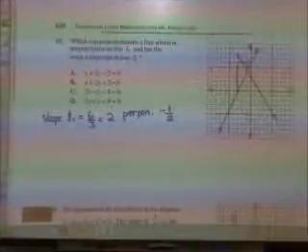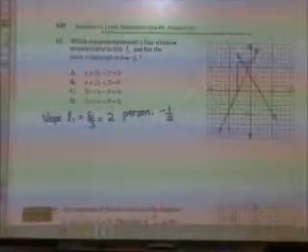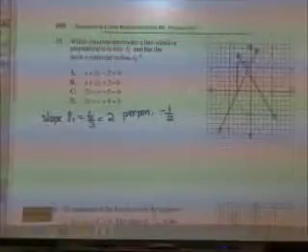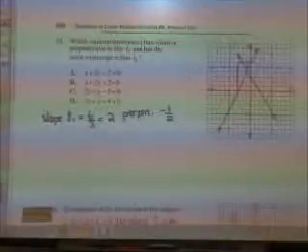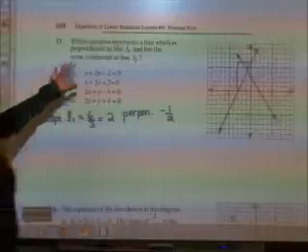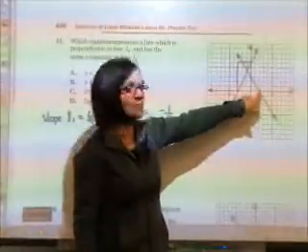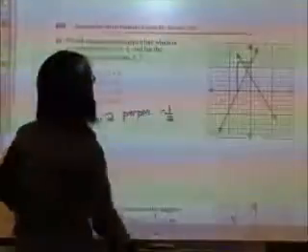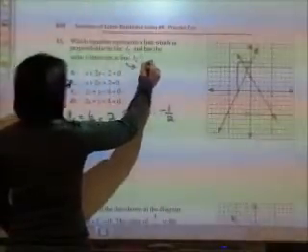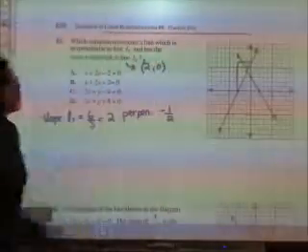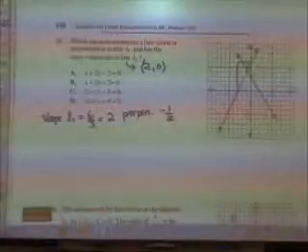Okay? What else do I need to know? What other piece of information do I need before I write my equation? I need to know what the x-intercept of L2 is. And what is the x-intercept of L2? 2. So the x-intercept becomes the point 2 and 0.